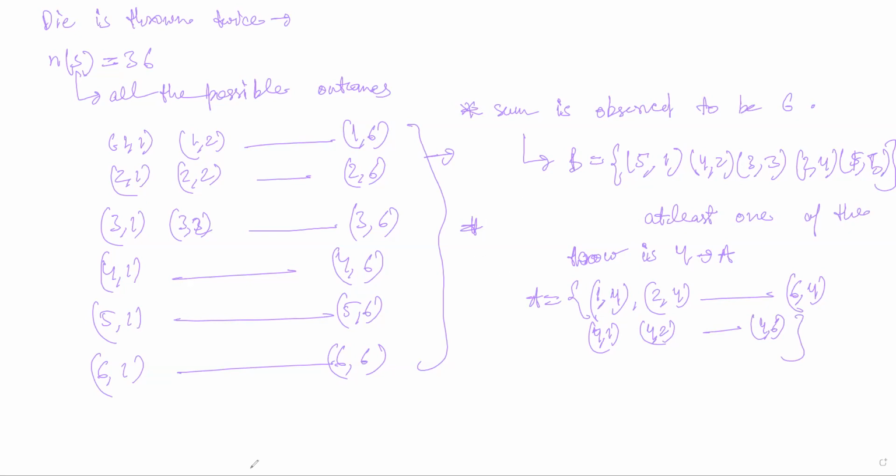Now we need to know the probability of A given B. That when the sum is 6, what is the probability that one of the throws will be 4? When the sum is 6, there are two possible elements in which one of the throws is 4.